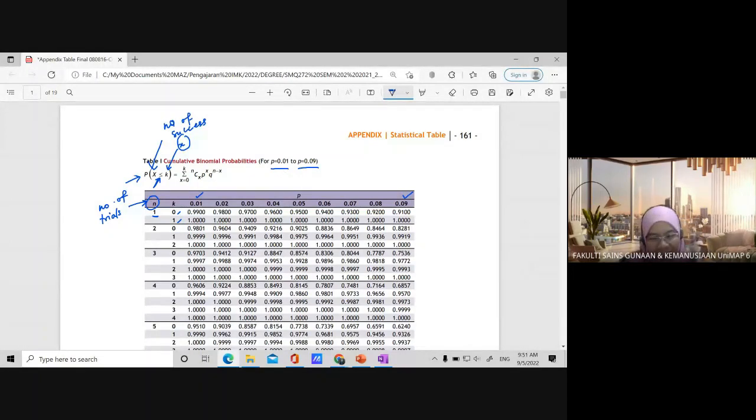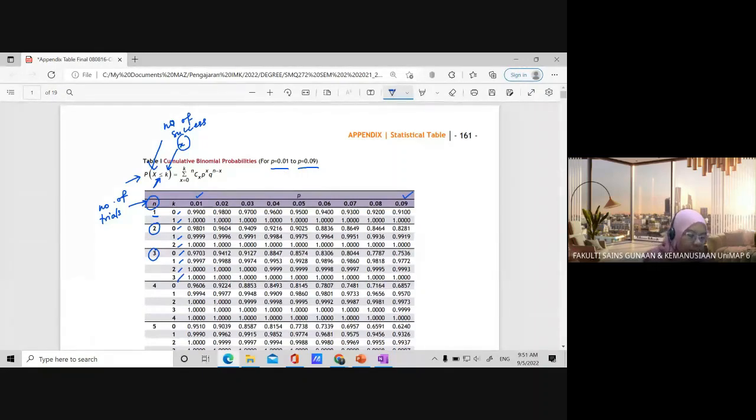nth success. Let's say I'm talking about 2 trials. You may have 0 success, 1 success, 2 success. If you got 3 trials, you got 0, 1, 2, at most 3 success. Correct?